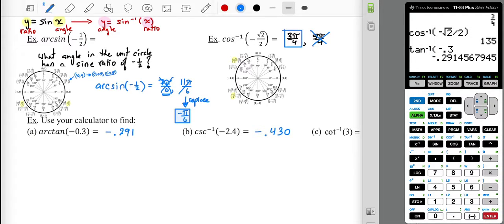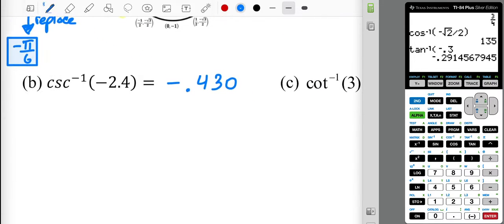There is a workaround that allows you to do it on the TI. Let me just show you real quickly.